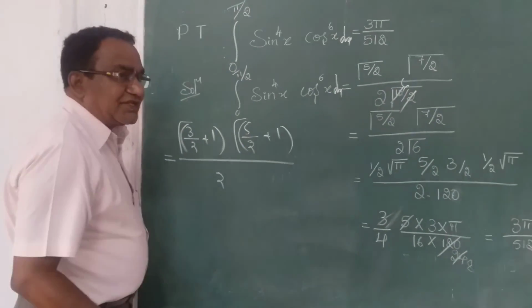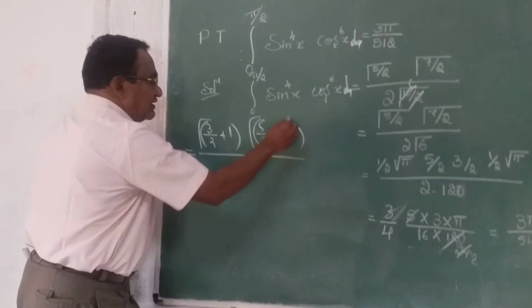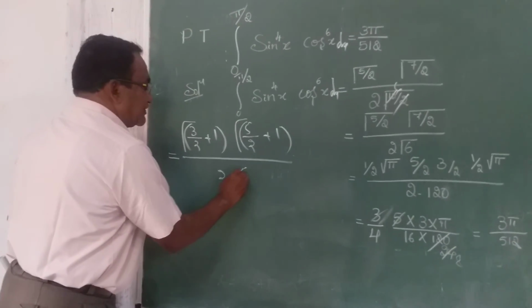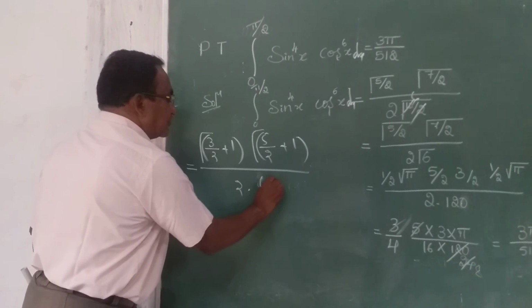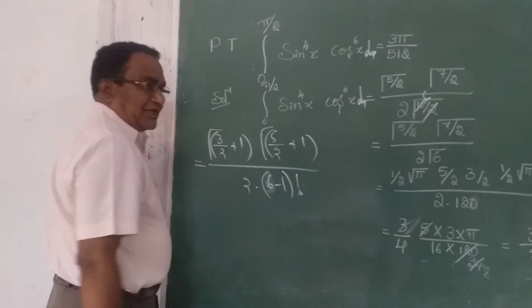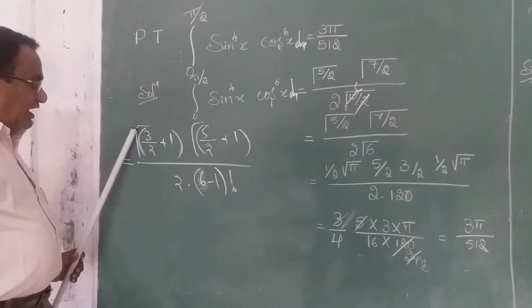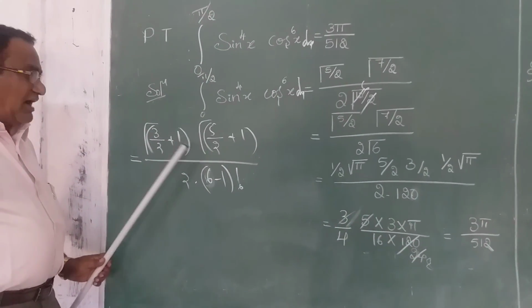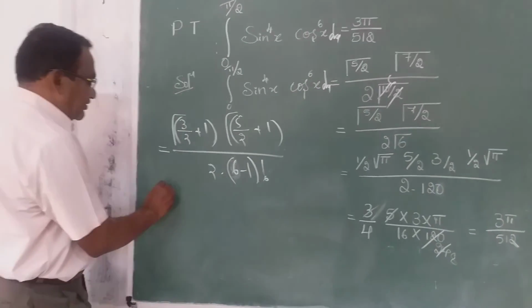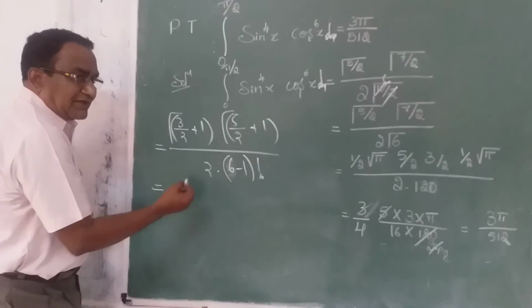Gamma n is equal to n minus 1 factorial. Gamma 6 means it is 6 minus 1 factorial. The above result is of the type gamma n plus 1, gamma n plus 1 is equal to n into gamma n.